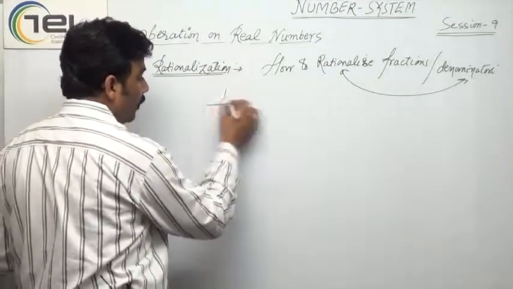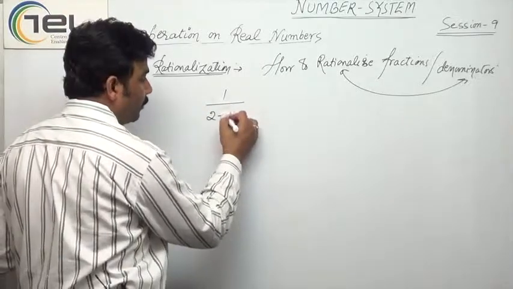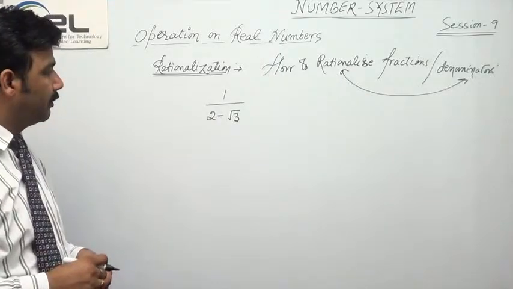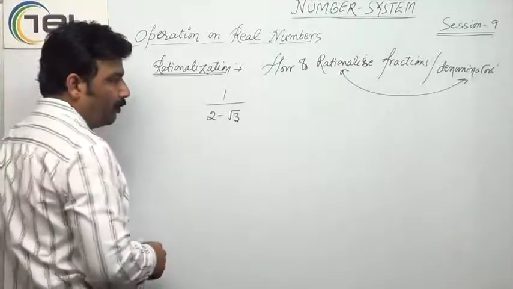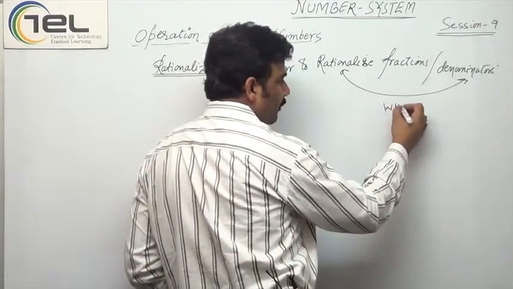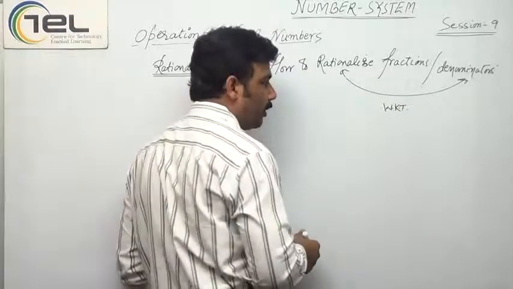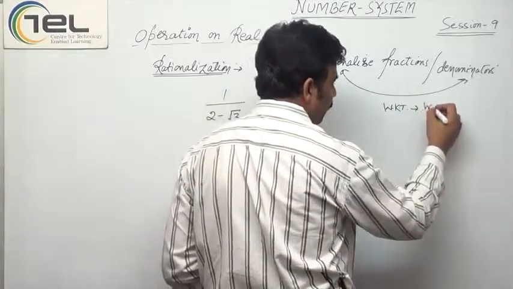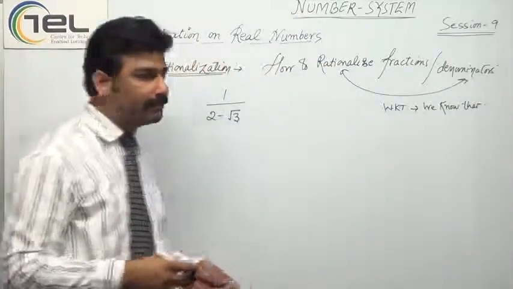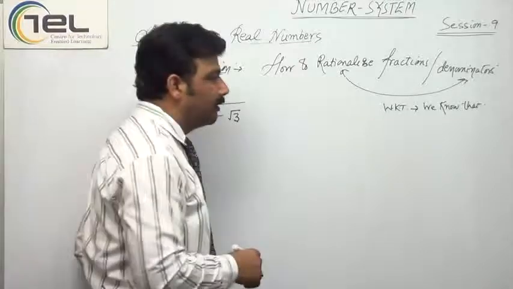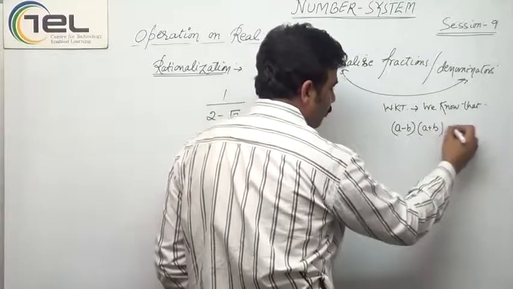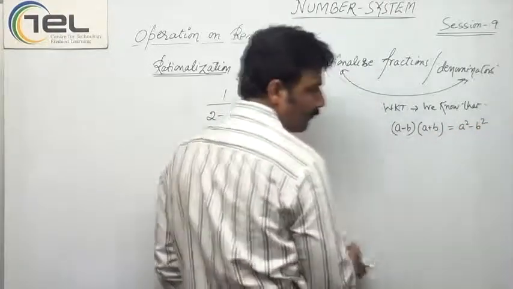We have 1 upon 2 minus root 3. Another example with us. So what will we do? We know that a minus b into a plus b equals a square minus b square.